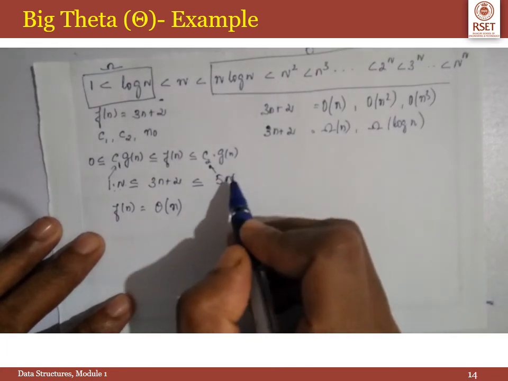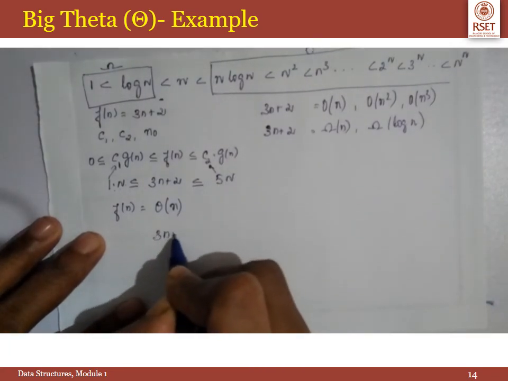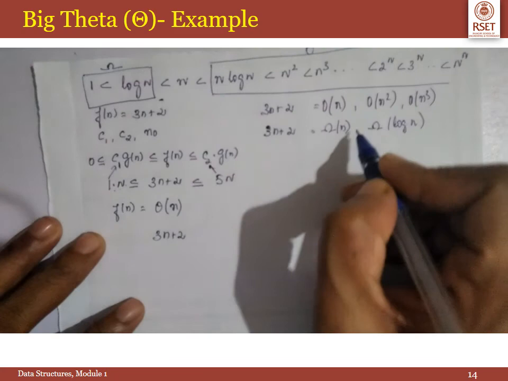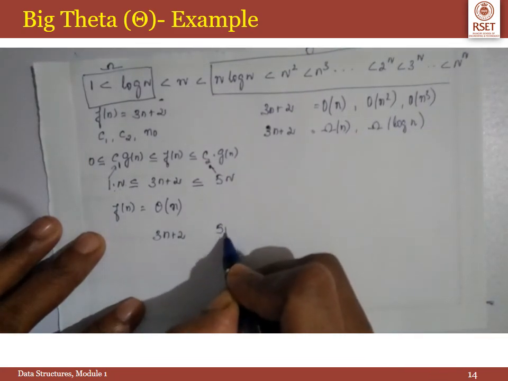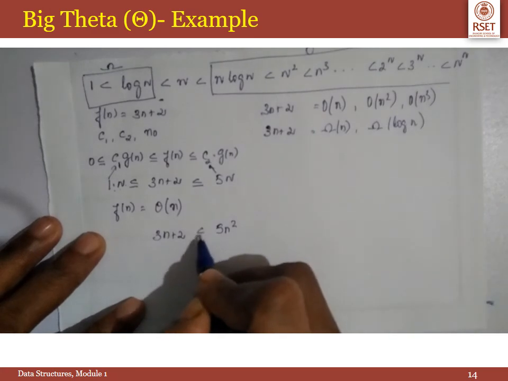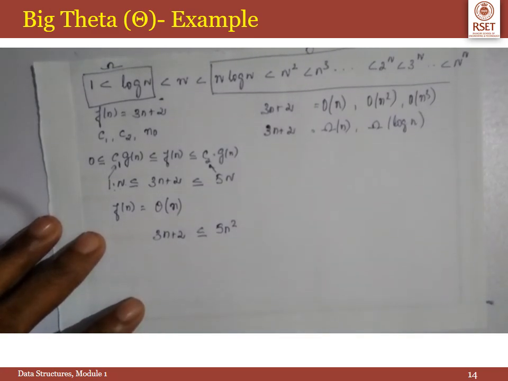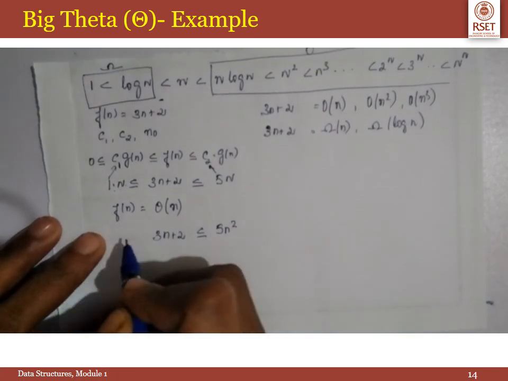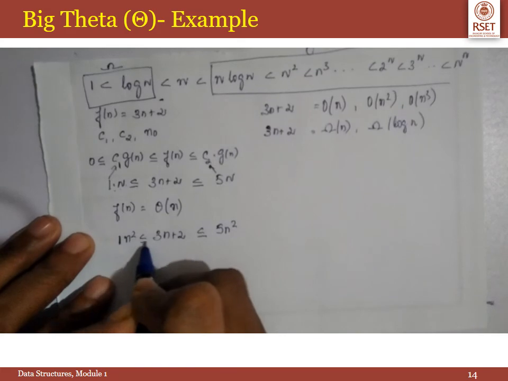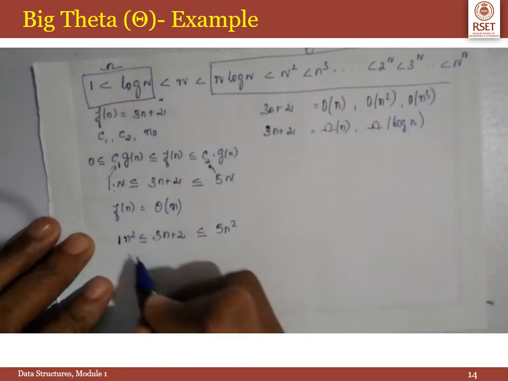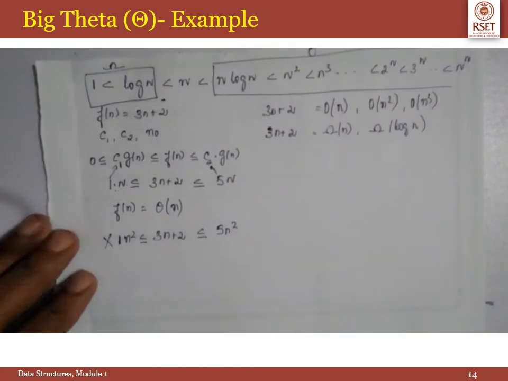Now, suppose I am writing 3n plus 2 as O of n square. That is, I can write it as 5 n square, right? So this is true. But when I look at the left hand side, I can't write it as 1 n square lesser than 3n plus 2, which means it is wrong here.